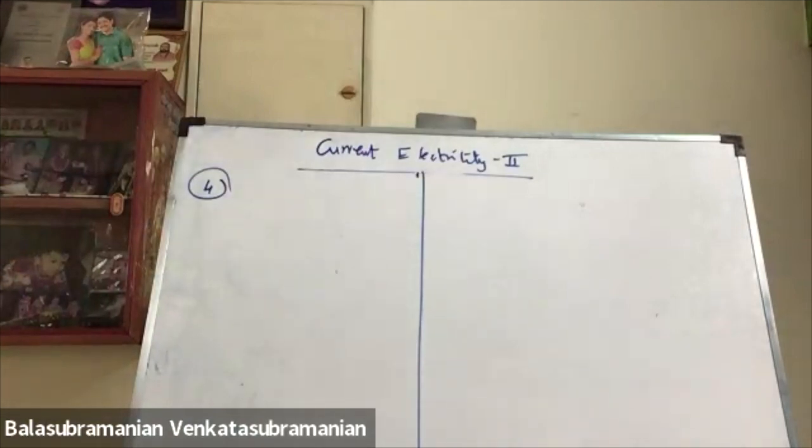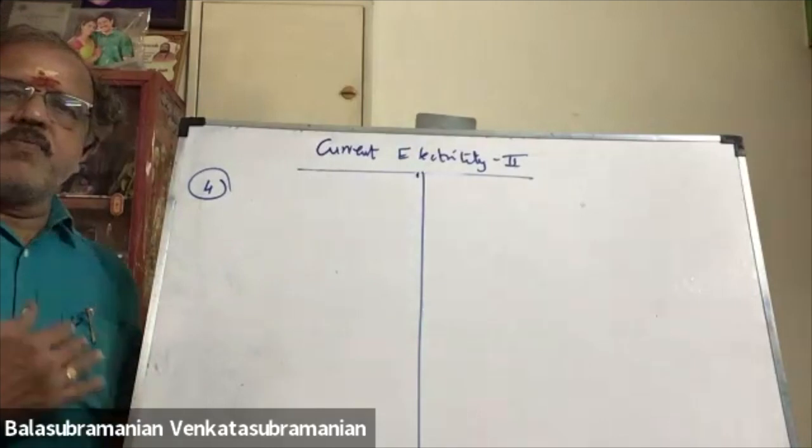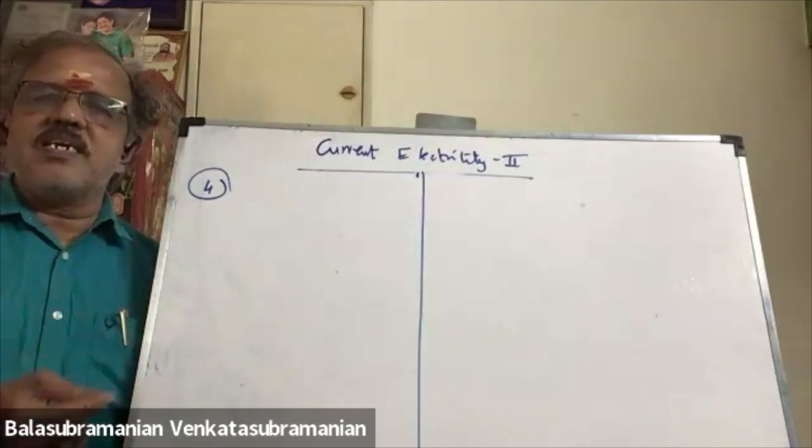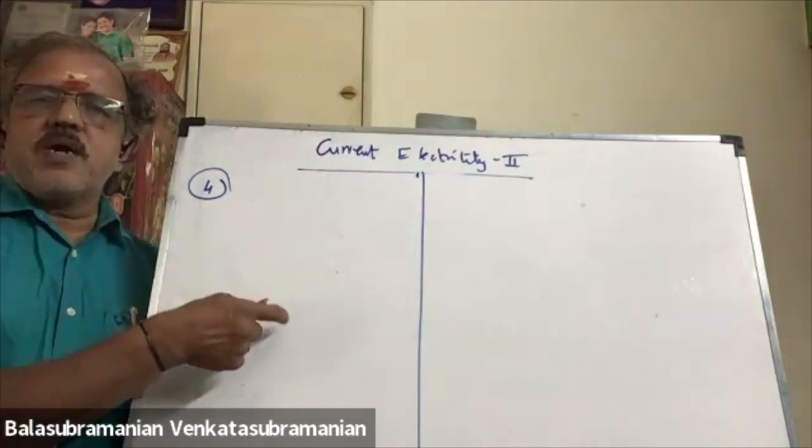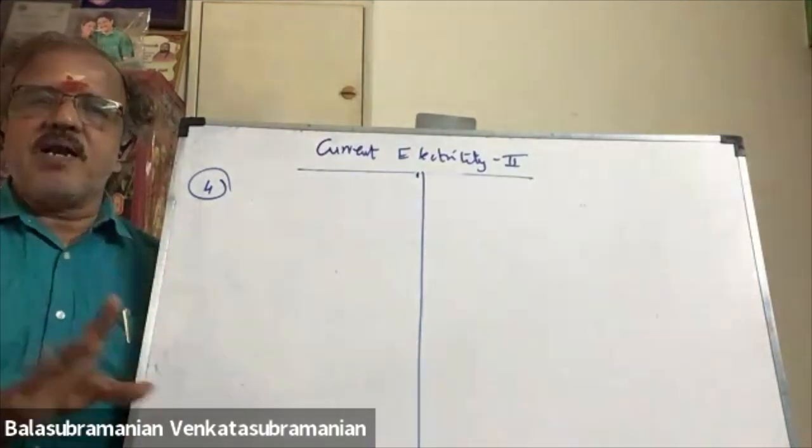Fourth problem. Three resistors 2, 4 and 5 ohms are combined in parallel. What is the total resistance of the combination? If the combination is connected to a battery of EMF 20 volts, negligible internal resistance, determine the current and the total current. Previous problem, resistors connected in series. This problem, resistors connected in parallel.